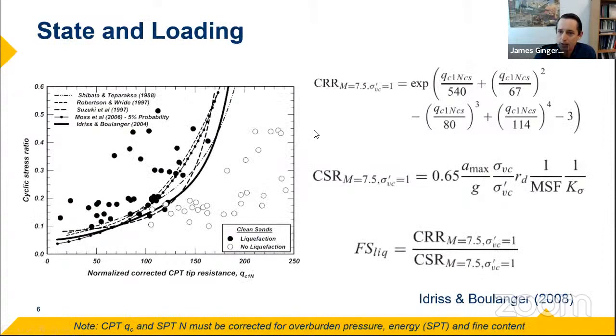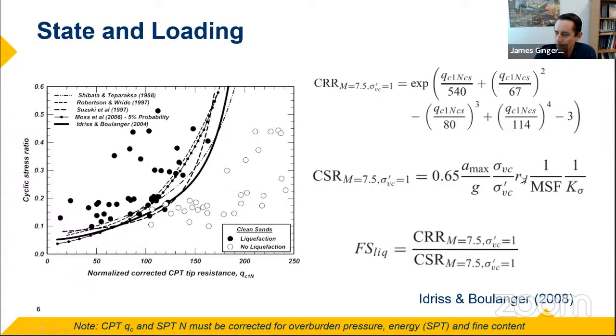So next is the state and the loading. I think a lot of you are probably already familiar with this, where we have a loading side, which is the cyclic stress ratio. It's based on the earthquake loading and the stresses in the soil that are going to be imposed on elements of soil with depth. We have the peak ground acceleration. We have total stress divided by effective stress.